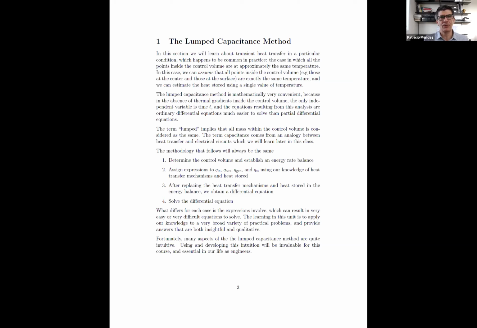Because conduction is driven by gradients of temperature inside the control volume, if I say that the temperature inside the control volume is constant, that means there are no gradients. That means there is no heat conduction, and that means we're very happy. We don't need to deal with difficult equations. Now, the whole problem gets reduced to a balance of energy between the exchange of energy through the surfaces and whatever might be generated or stored inside the control volume.